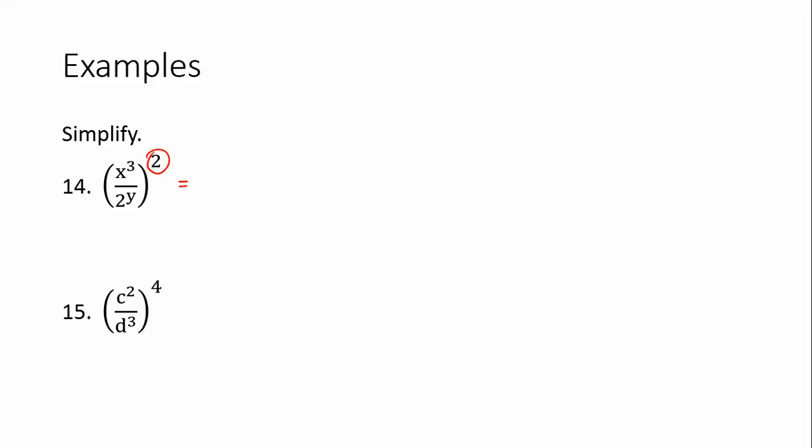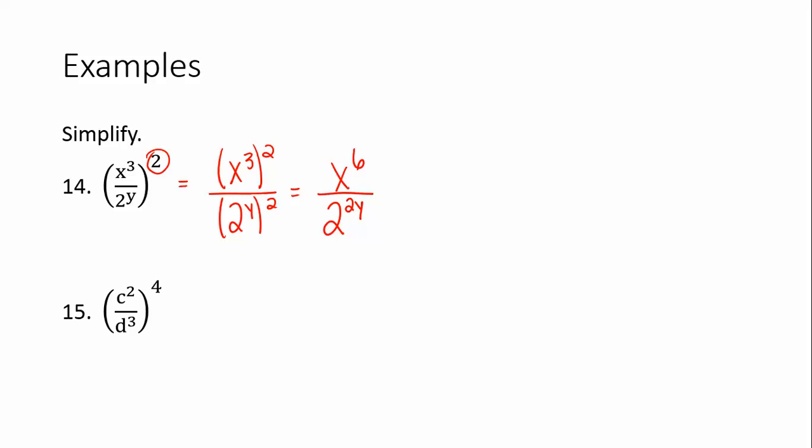So we have to do some multiplication. x to the 3rd squared, you could write it like this, and on the bottom we have 2 to the y also being squared. Or you can skip this step, and most of you will be able to do that after a few examples. We get x to the 6th over 2 to the 2y.